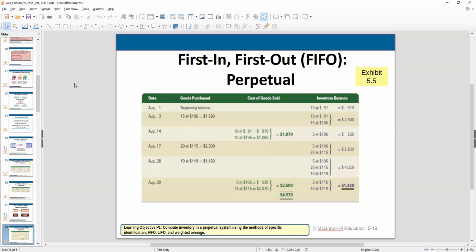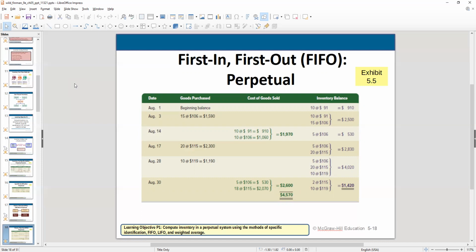Okay, so under FIFO, let's look at this table. August 1st, you have a beginning balance of 10, and I'm going to call these bikes because back when these slides came out 9 years ago, that's what these are supposed to be examples of, bicycles. So we bought 10 bikes at $91 for $910. Then we went and purchased 15 more at $106.